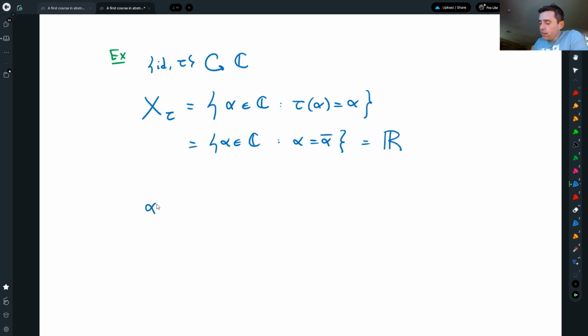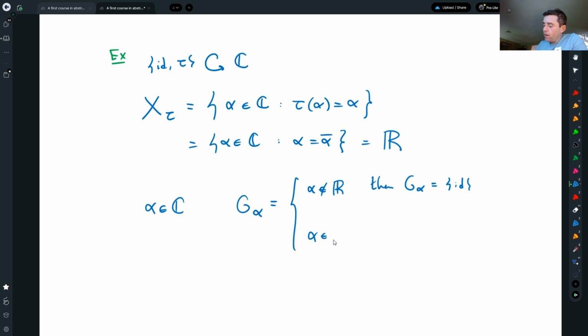Now, if alpha is a complex number, what is the stabilizer of alpha? So what is G alpha? The stabilizer will be, if alpha is not real, the only thing that stabilizes is the identity. Then the stabilizer is just the identity element.